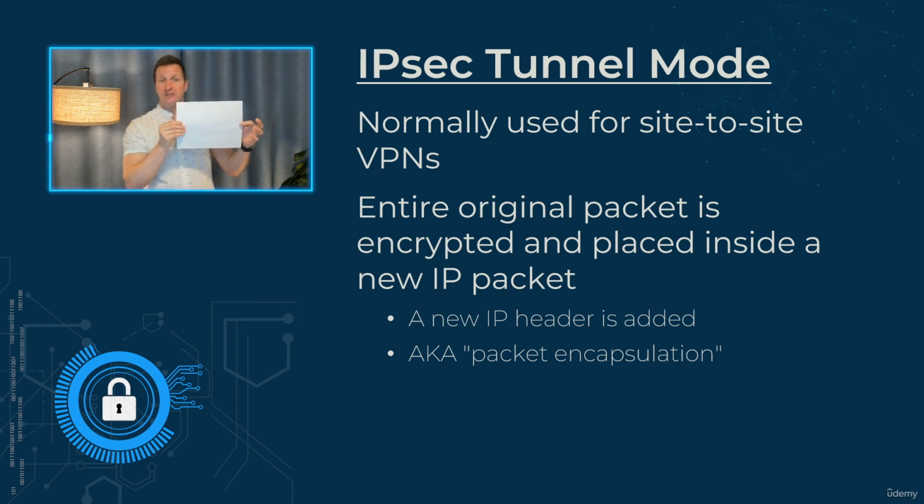So what we can do with tunnel mode is we can encapsulate this. That means that what we're doing is we are placing that original packet inside of a new packet, hence packet encapsulation. Now this new packet is going to have new packet headers with addressing information to send it to the other endpoint on the other end of the site-to-site VPN tunnel.